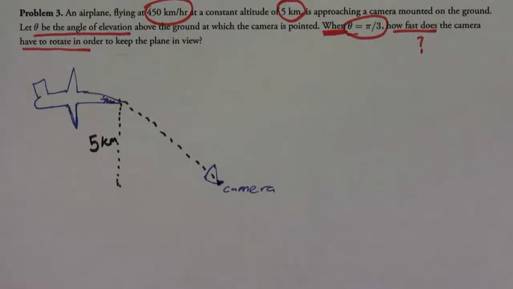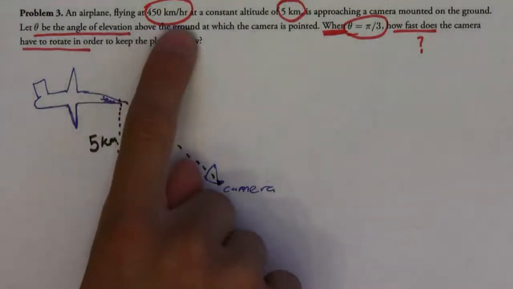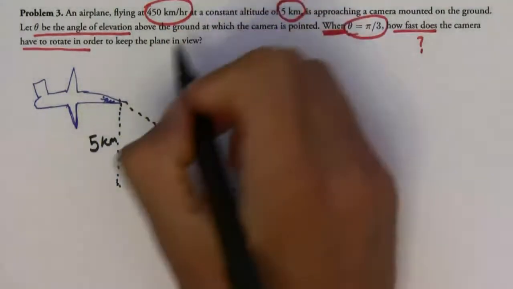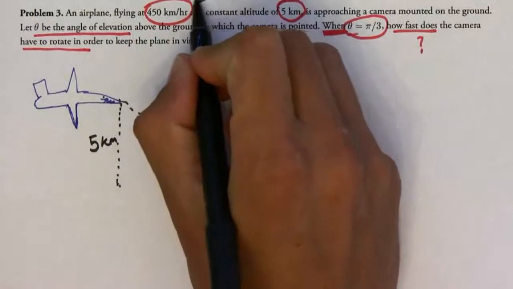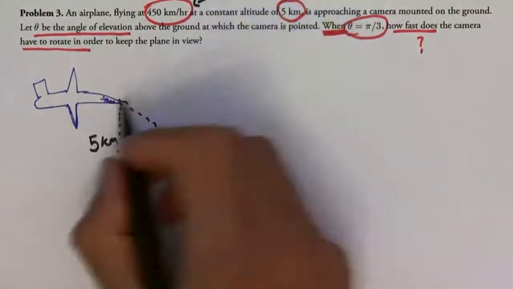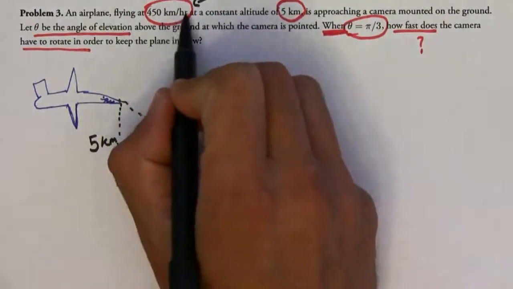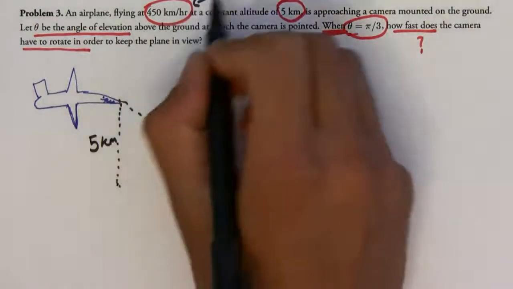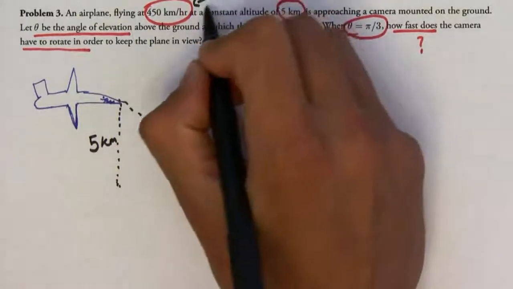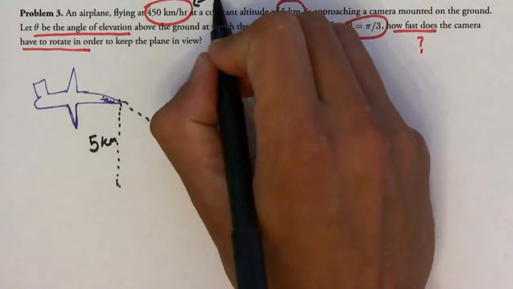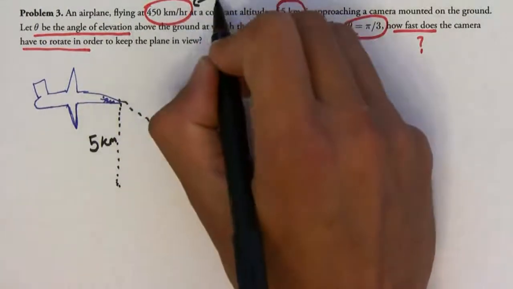Okay, now it says the plane is flying at 450 kilometers per hour. And so let's assign this a variable. First thing, notice that this is a rate, so kilometers per hour. That means that this is going to be a derivative, and the units basically tell you what the derivative is going to be of.